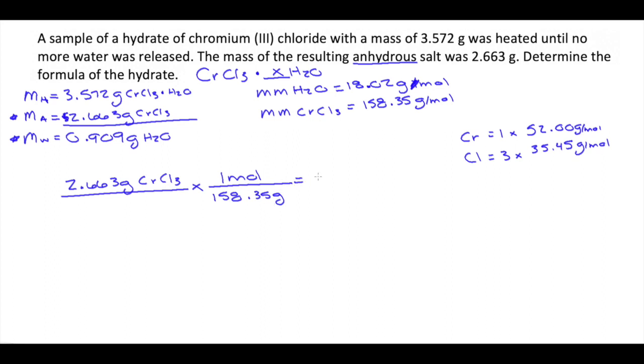All right, plug that into my calculator, and I get 0.01682 moles of chromium 3 chloride. Okay, now I need to convert to moles of water, so I'm going to start with 0.909 grams of H2O.